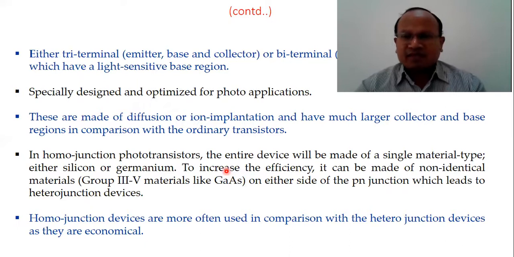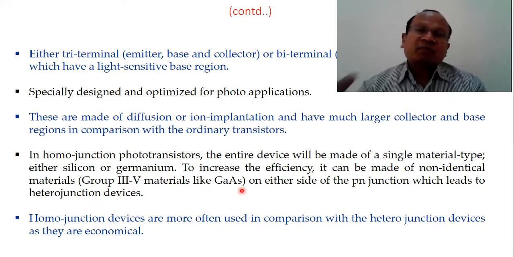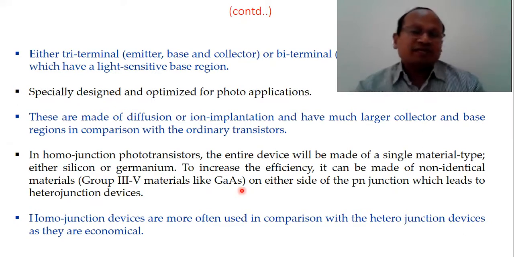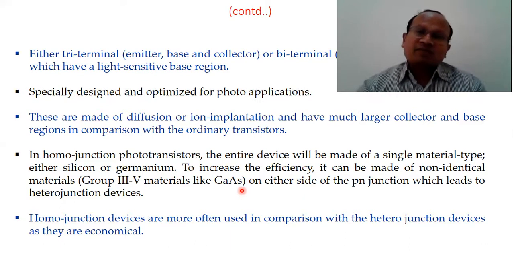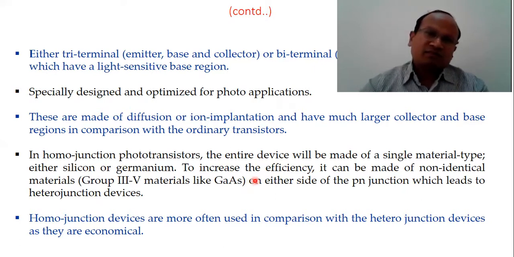So for more efficiency, non-identical materials, especially from group 3 and group 5 like gallium arsenide, that type of combination which we have studied as direct band gap semiconductor materials, on either side of PN junction, that leads to heterogeneous PN junctions. Heterojunction, homojunction. More efficiency, heterojunction.